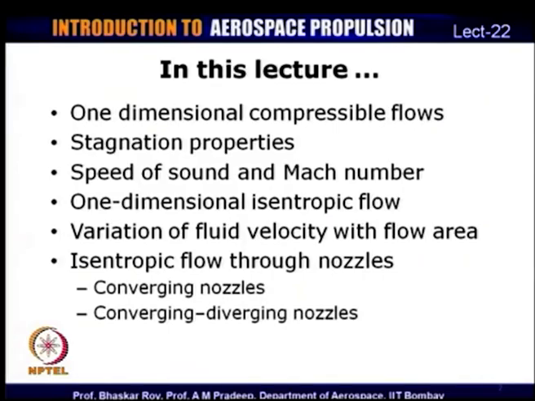We will derive an equation which governs the variation of fluid velocity with area. We will also be discussing, towards the end of the lecture, isentropic flow through nozzles. We will discuss two types of nozzles, converging nozzles and converging diverging nozzles. So, these are the topics that we shall be discussing in today's lecture.